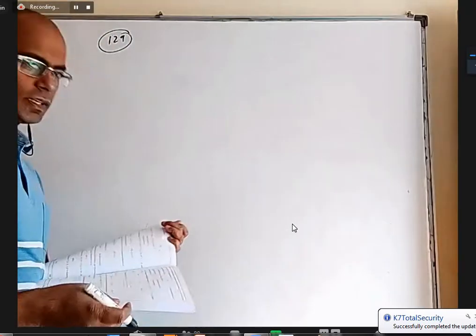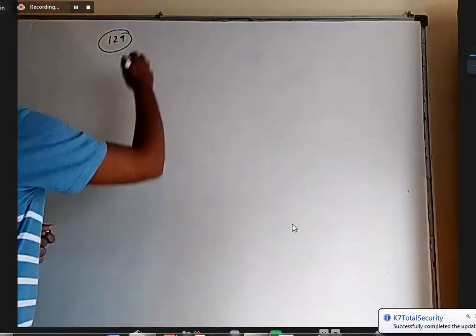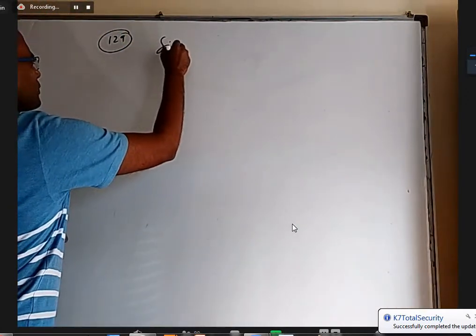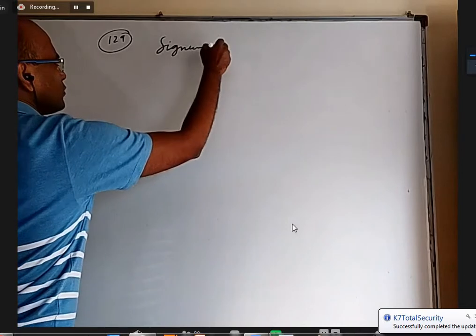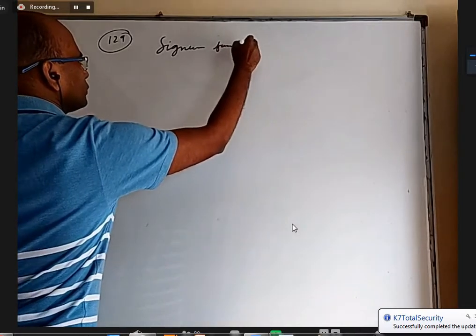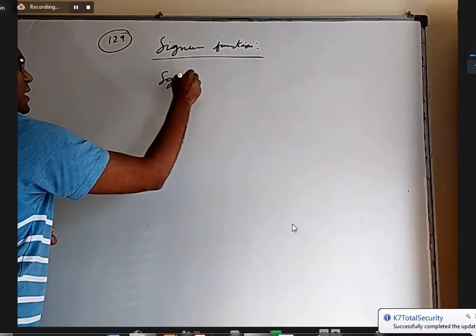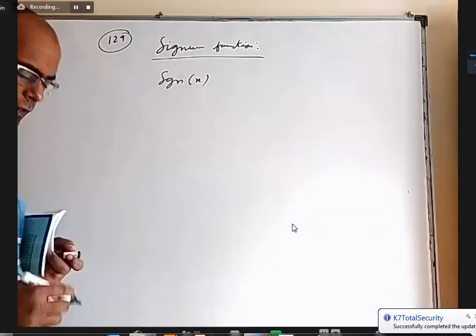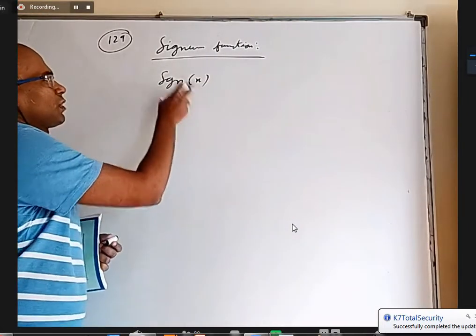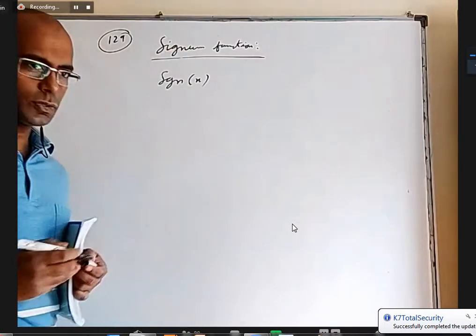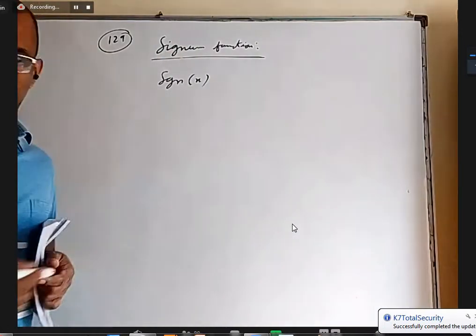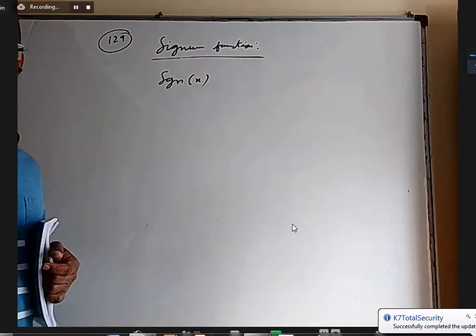Okay, for 129, you have to know one new function name, signum function. Sometimes we'll write this as SGN of X. SGN is a short form of signum. There's a particular function that is called the signum function.